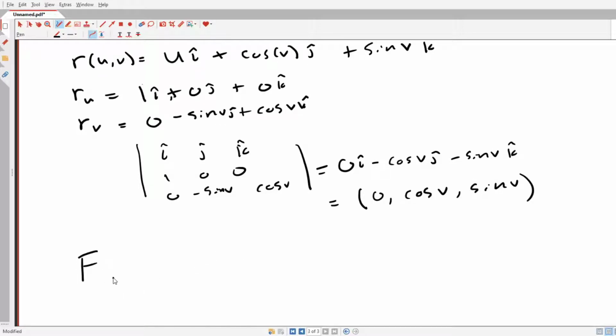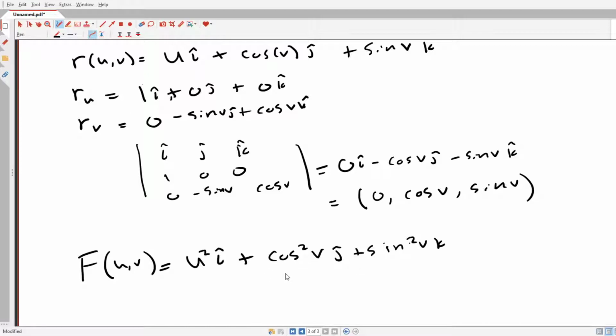So F in terms of u and v is going to be u squared i, and then y squared, which is cosine squared v, and then z squared, which is sine squared v.